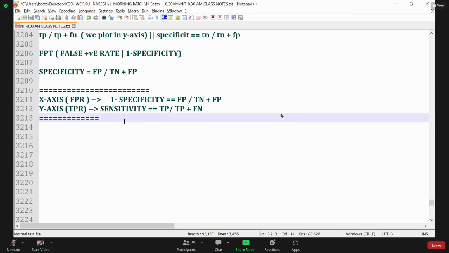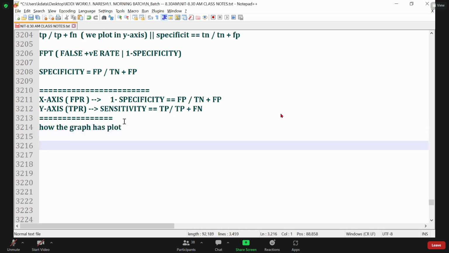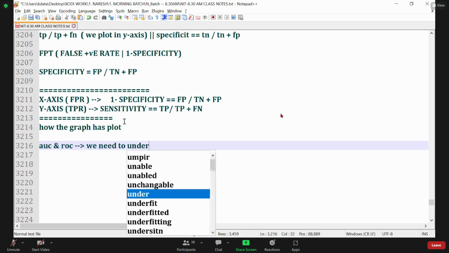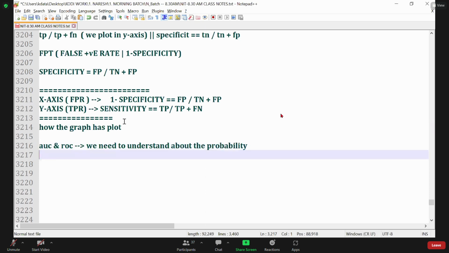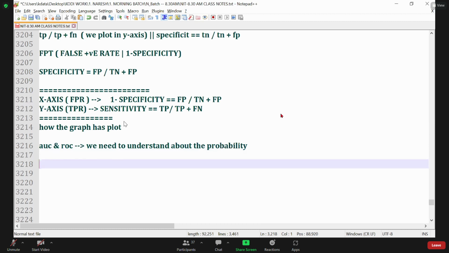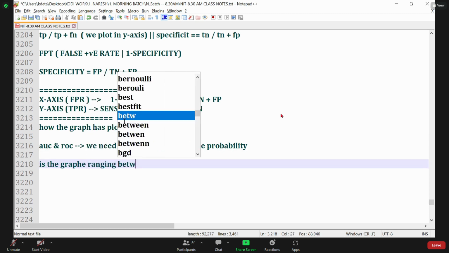Let me tell you how the graph is plotted. When we talk about AUC and ROC, we need to understand probability. The AUC ROC curve is a graph ranging from 0 to 1.